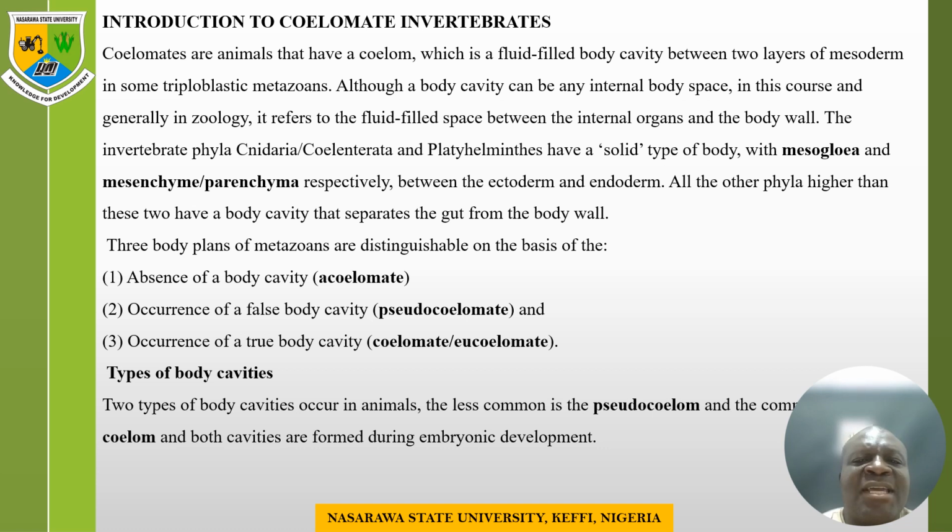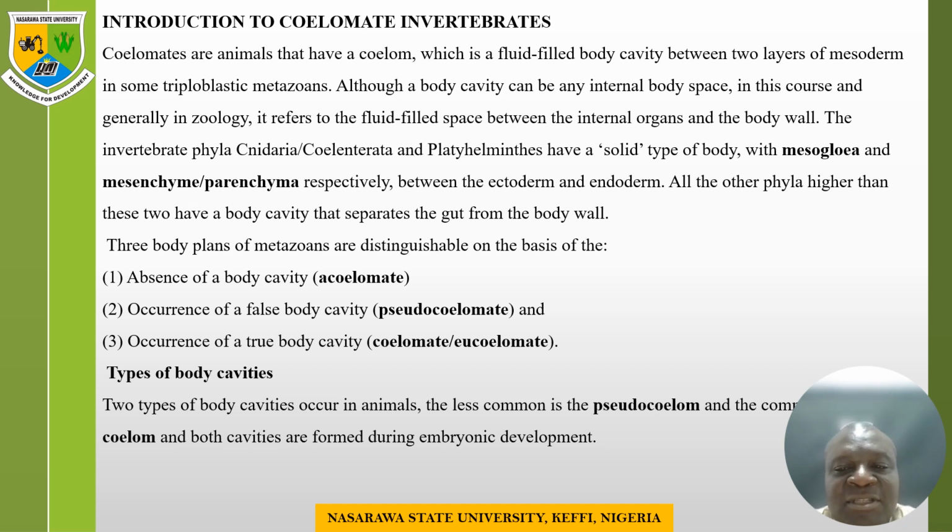That is the reason the organisms are known as coelomate invertebrates: they possess a coelom and they are invertebrates. The coelom plays a major role in their survival. Without the coelom, these organisms may not be able to survive; the coelom seems to be the driver of these organisms.